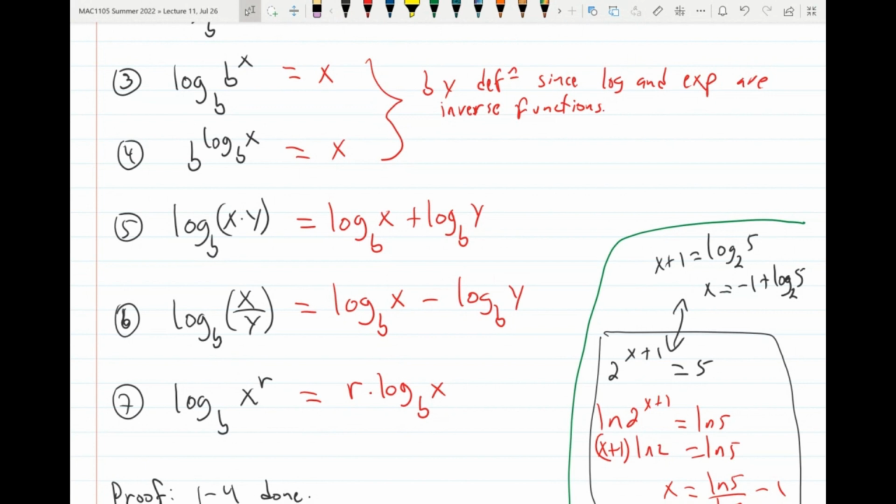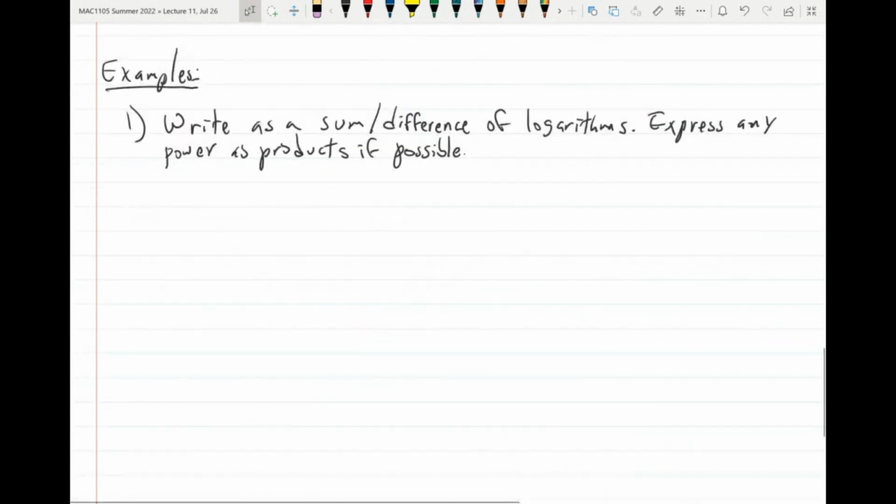So these are the properties, so do not make up anything unless you justify and prove it, of course. If you have log of x plus y, well, that's log of x plus y. There's nothing we can do about it. So it says products to sum, and if you have a sum inside the parentheses, you cannot do anything about that.